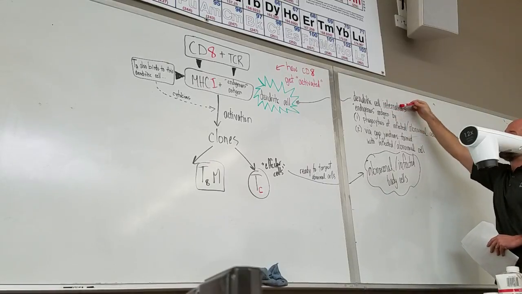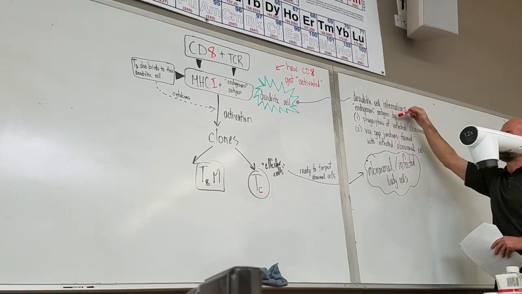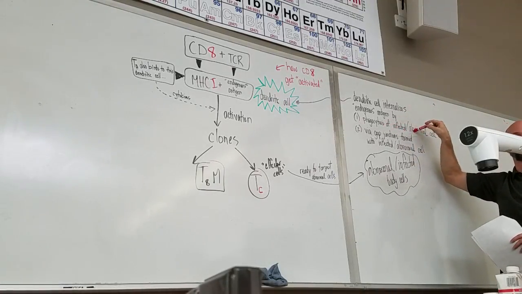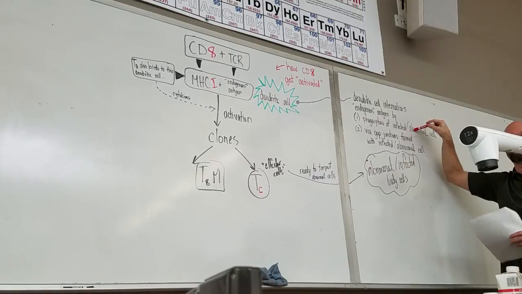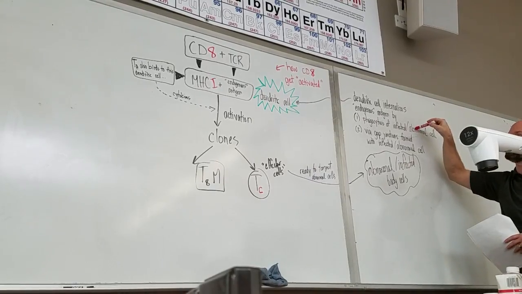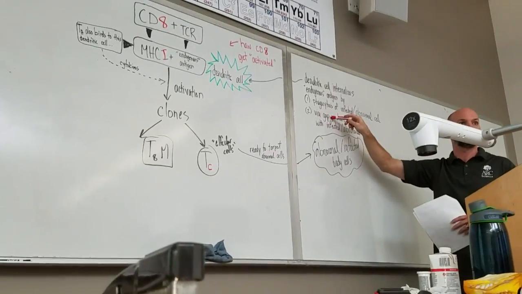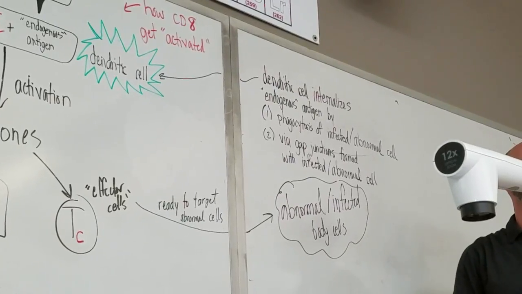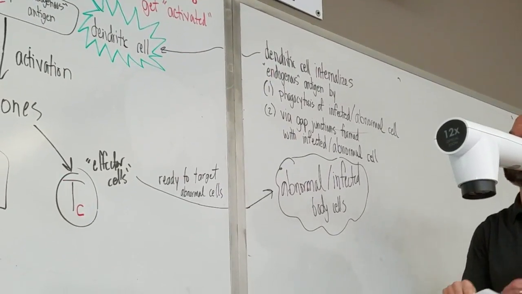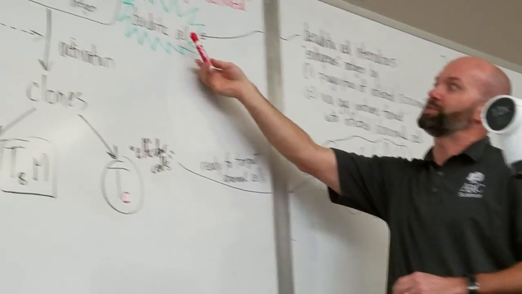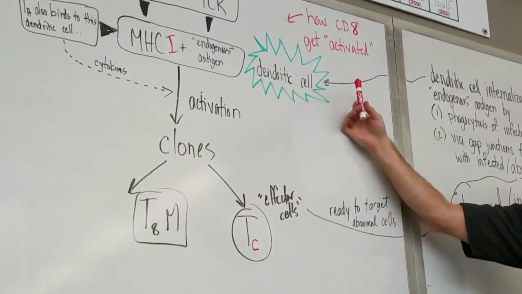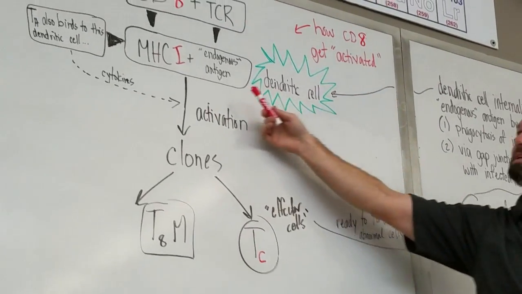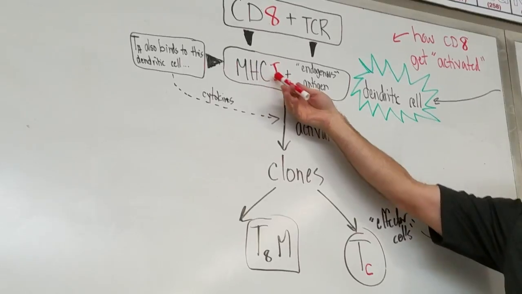So the dendritic cell internalizes these endogenous antigens one of two ways, literally engulfing the entire infected cell, and thereby engulfing the endogenous antigen at the same time, or forming gap junctions with the abnormal cell and taking up the endogenous antigens that way. So now you've got a dendritic cell that has a hold of endogenous antigens from an abnormal body cell. It's now displaying them in its class 1 MHC.